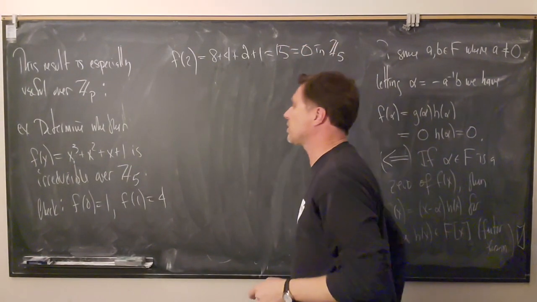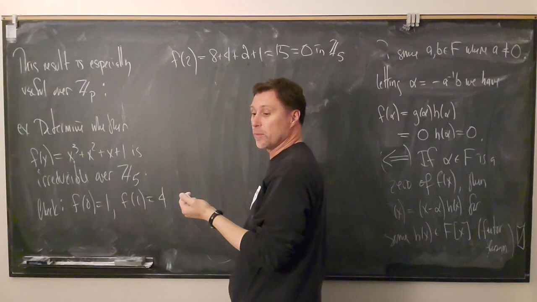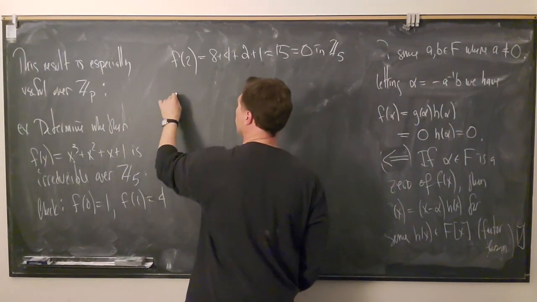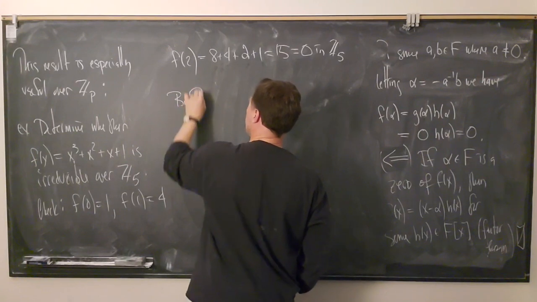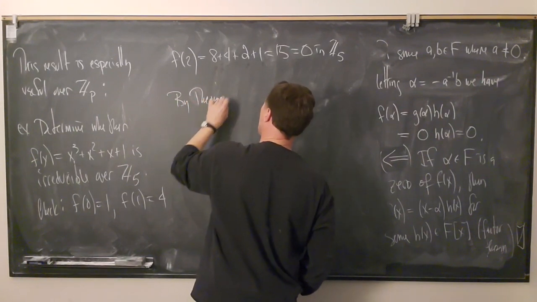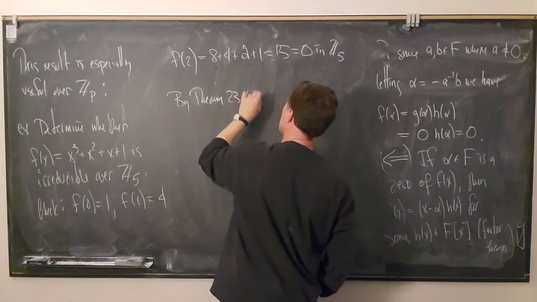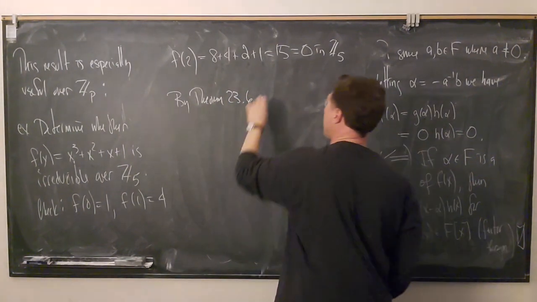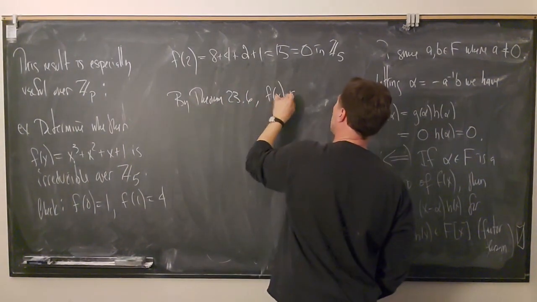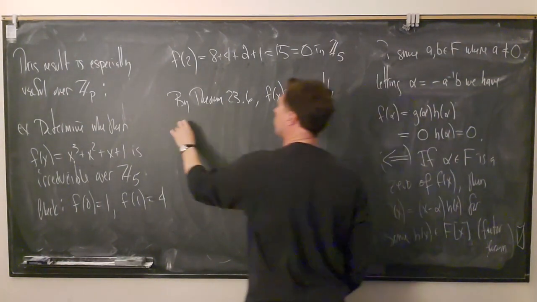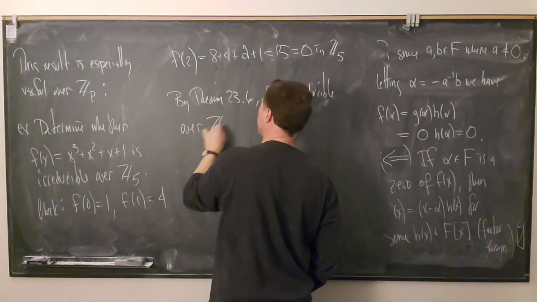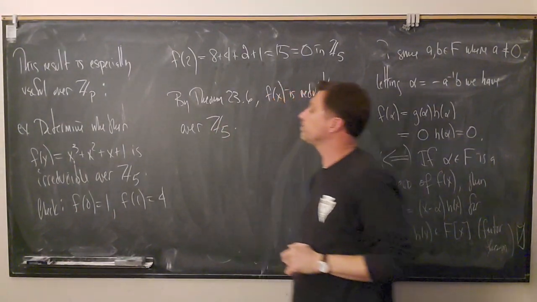And so what's the answer? It is not irreducible, or we can say so by theorem 23.6, f of x is reducible over Z5.